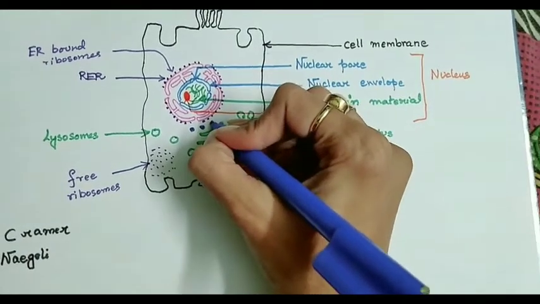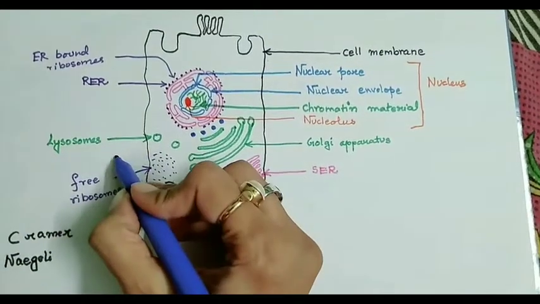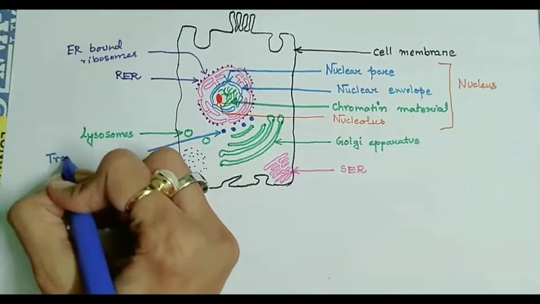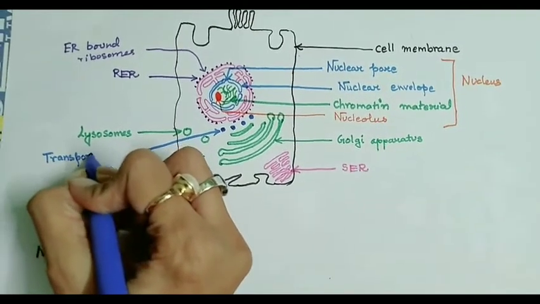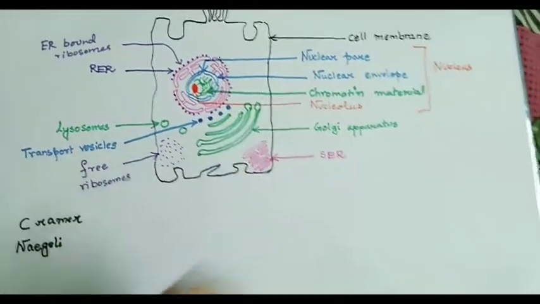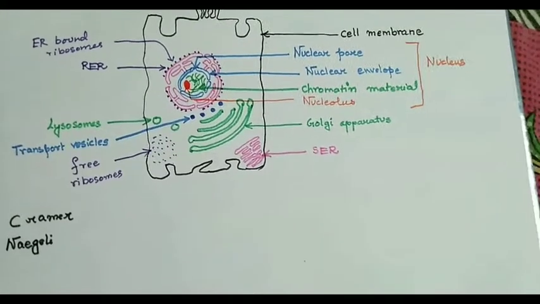Okay, now I am making the transport vesicles. As you can see, the transport vesicles help in the transportation. Whenever there is any protein transportation, it is managed by this Golgi body only, and the transportation is done by the transport vesicles.